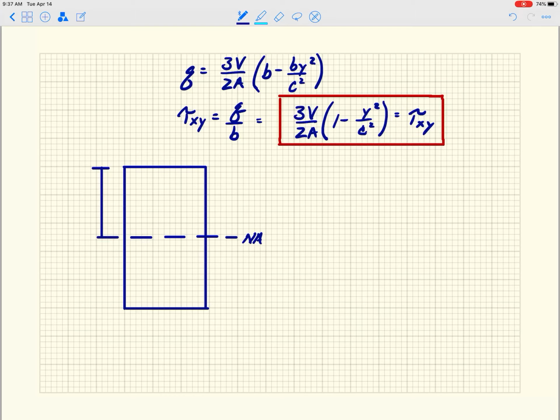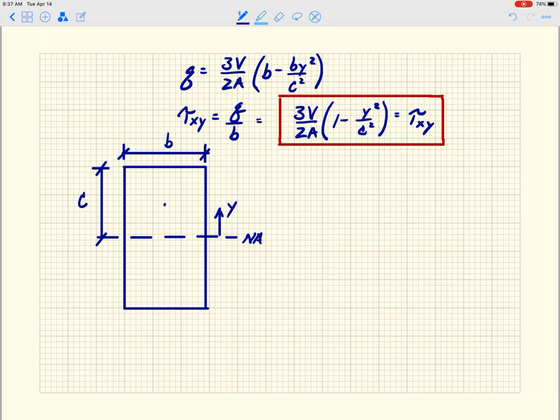This dimension here we're calling C. This dimension here, the width, we're calling B. And we're taking the Y dimension from the neutral axis positive upwards.